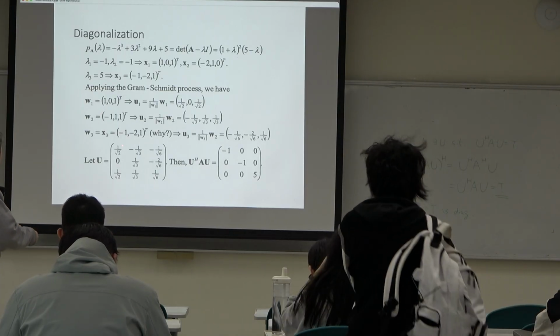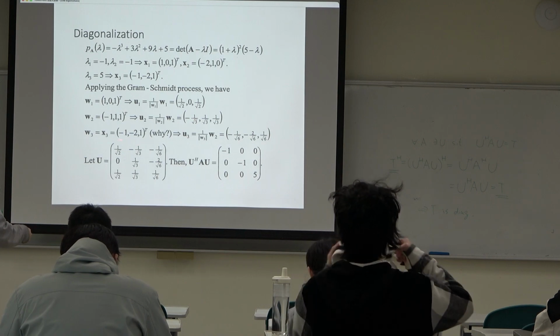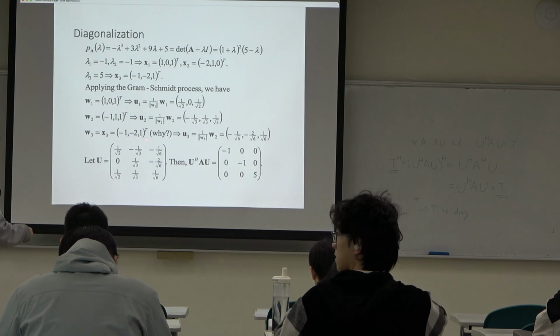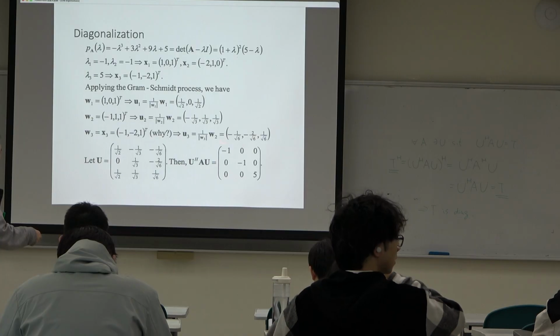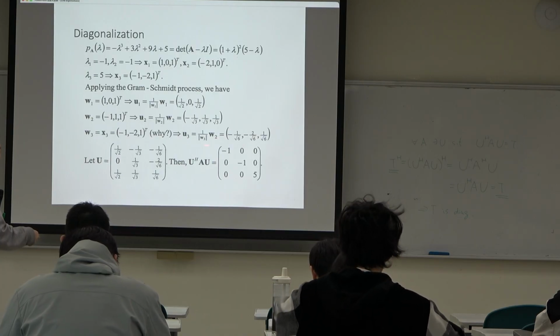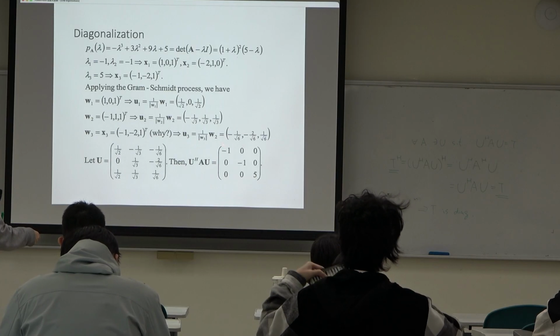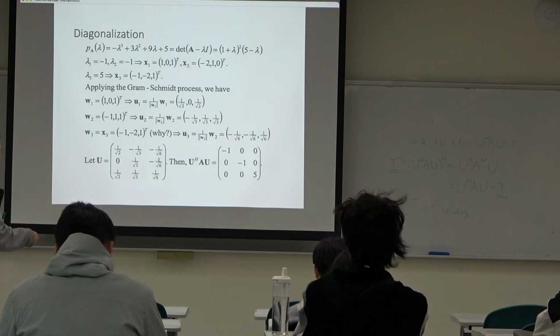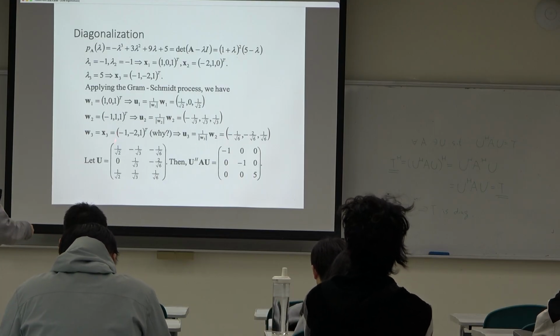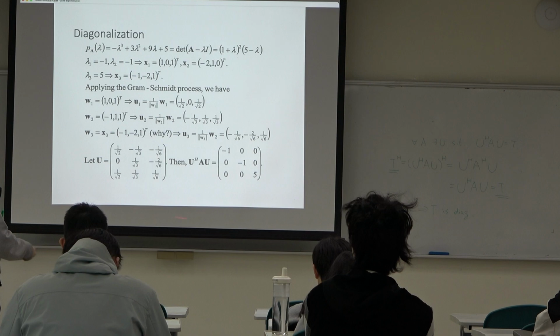All you need to do is divide by its length to get U3. So this is W3. Then your U is this one: this is W1, this is W2, this is W3. And U^H A U has the eigenvalues -1, -1, and 5. That's it.